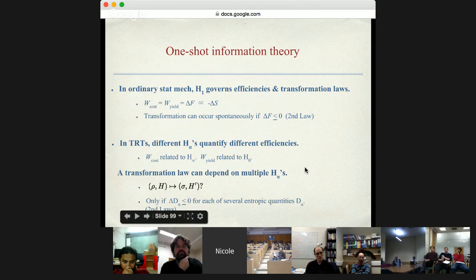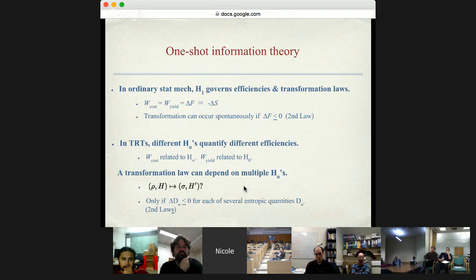Also, we can think about transformation laws, and here's how we would phrase those in terms of thermodynamic resource theories. Suppose you start off with a state rho, h. You're interested in seeing whether it can transform under thermal operations to a state sigma, h prime. In this case, you would have to calculate a whole family of free energies of the initial state and free energies of the final state. Free energies are given in terms of some of these entropies.